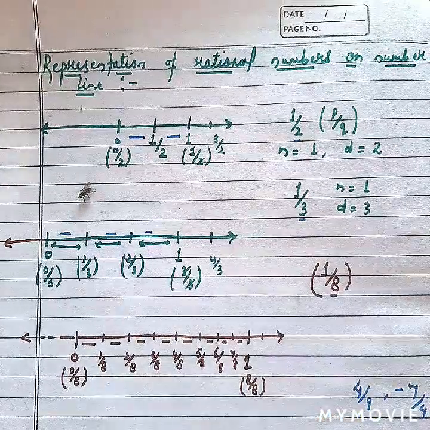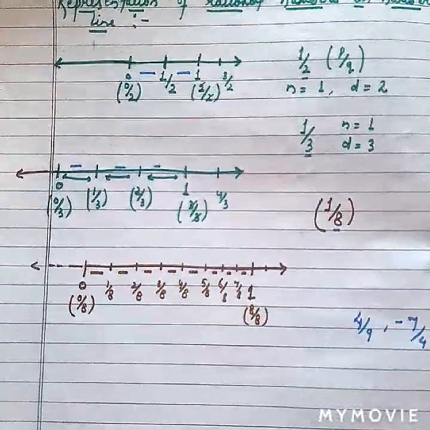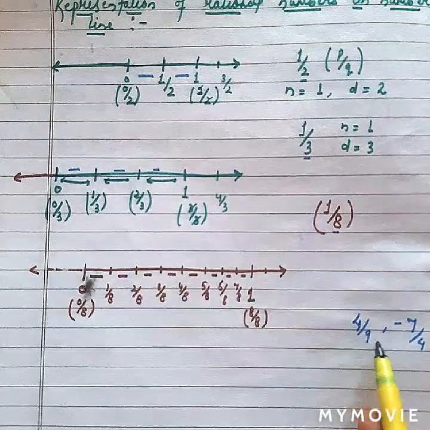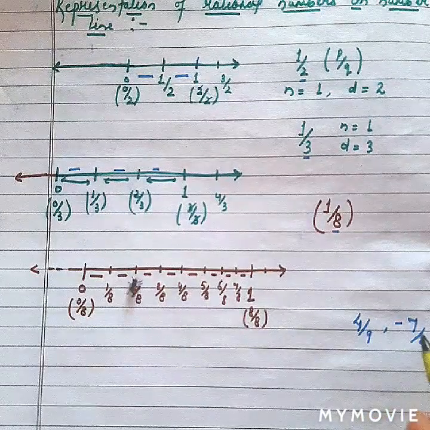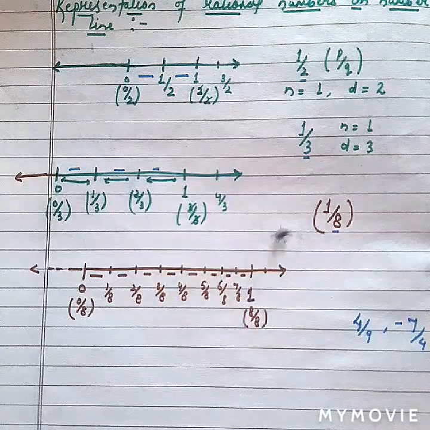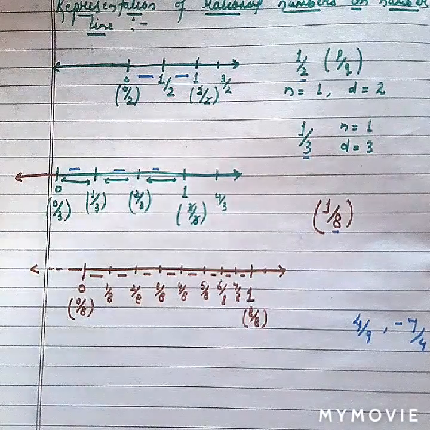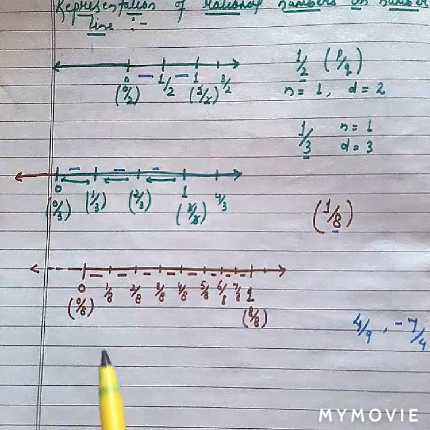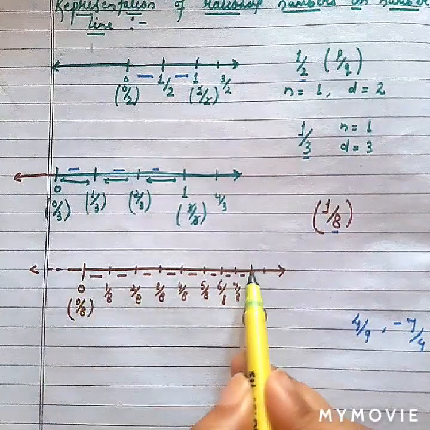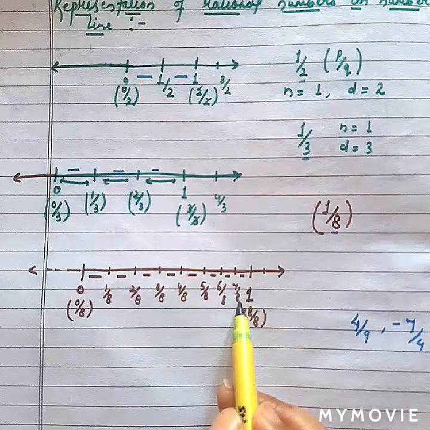The numerator can be negative or positive also. In that case, the denominator tells us how many parts the whole unit place is divided into, for example 8 parts.